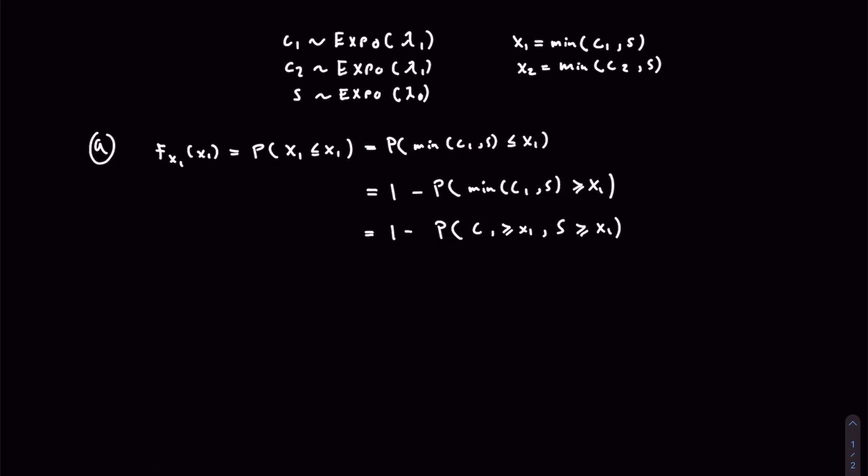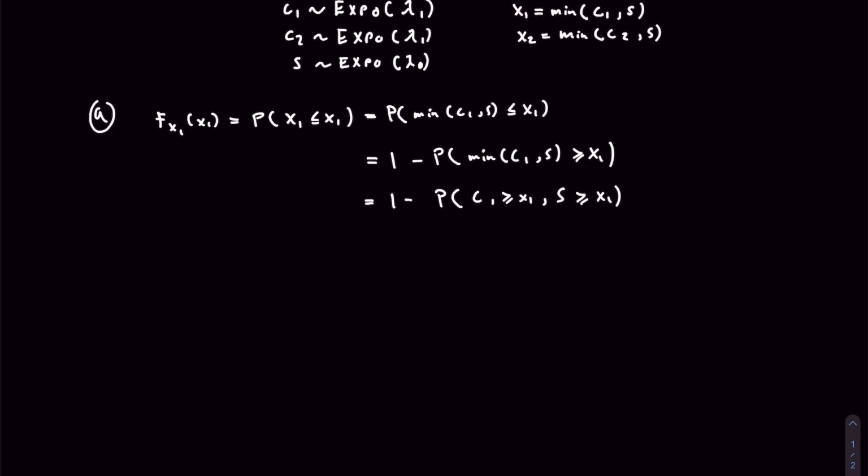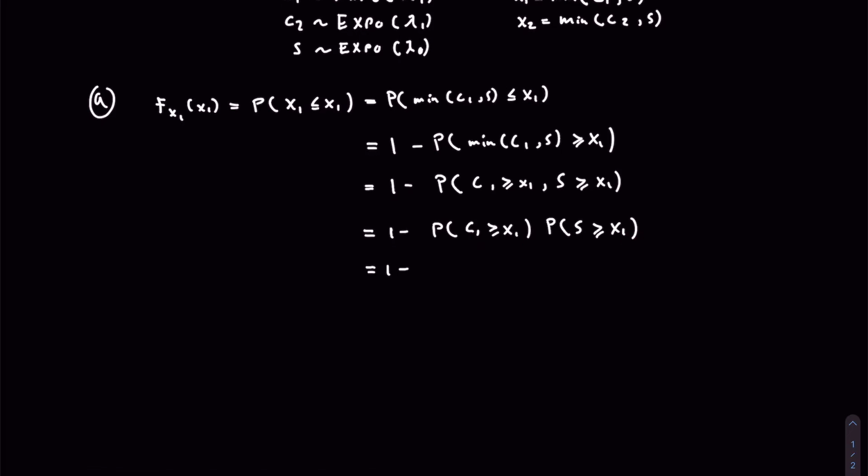Okay, and now we also know that both those events are independent of each other. So that in fact is 1 minus P of C1 larger than x1 times P of S larger than x1, and we know the distribution of these marginals.